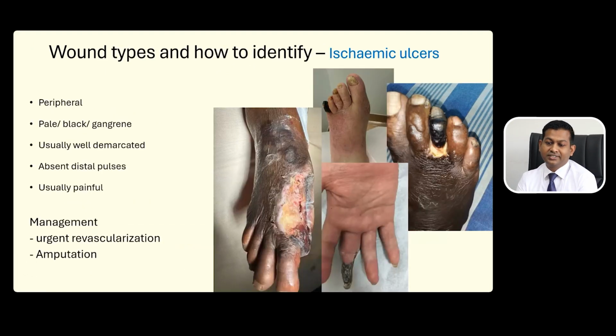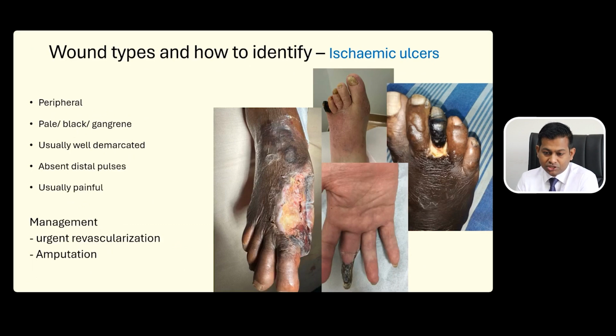Okay, let's move on to some of the classical wounds and how to identify them, because the patient does not say that this is this type of wound, but it's important for us to identify so that we can do whatever is needed.